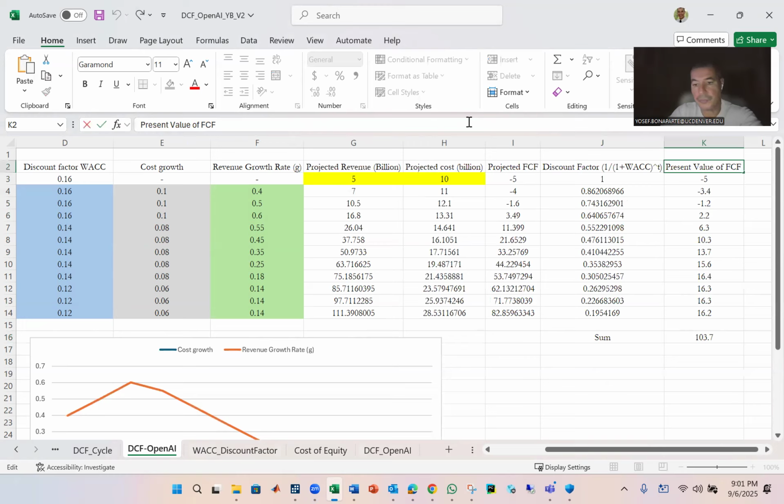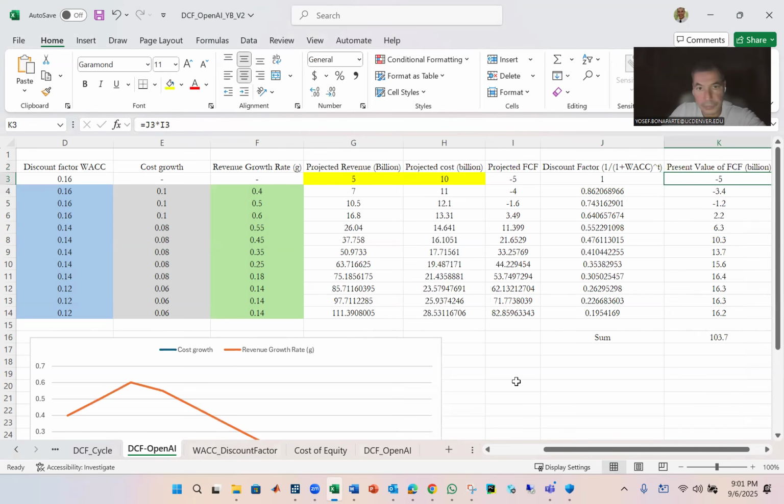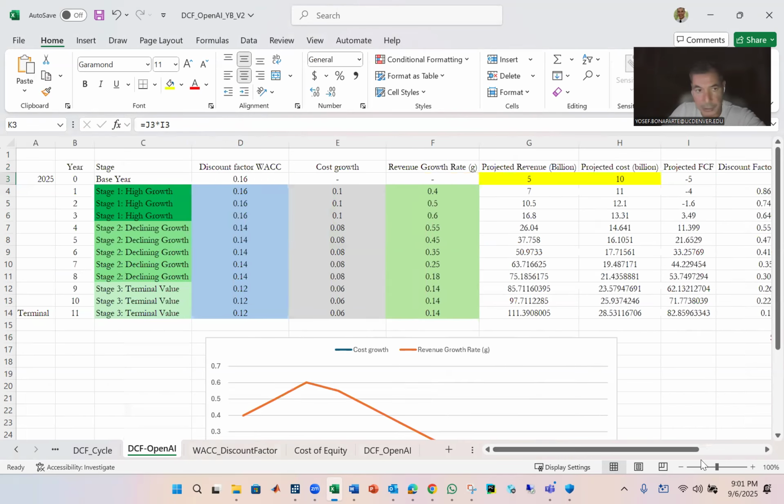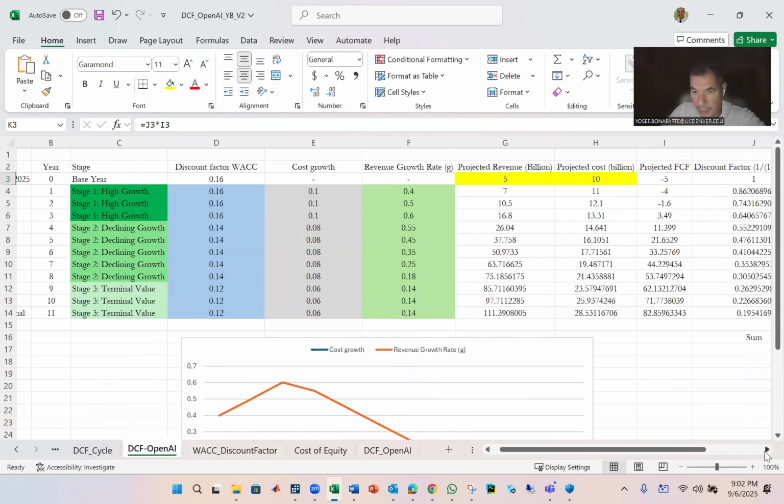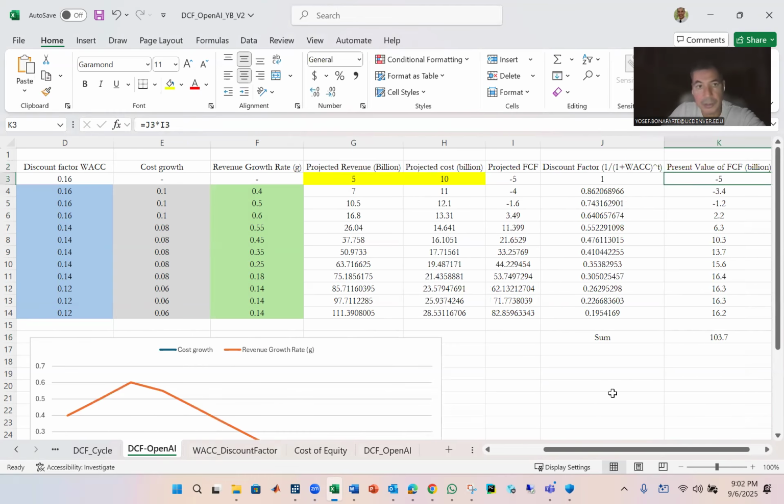Therefore, the present value of the firm value is also in billion. All right, so cool. That's what I have for ChatGPT as of today. If I want to buy a company like ChatGPT, I will evaluate the company like this.